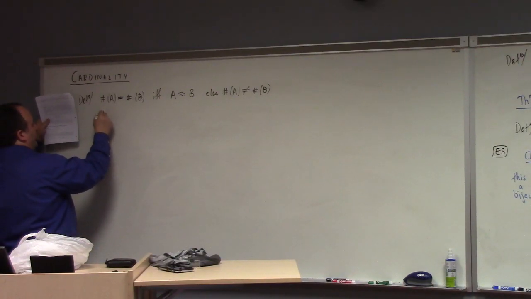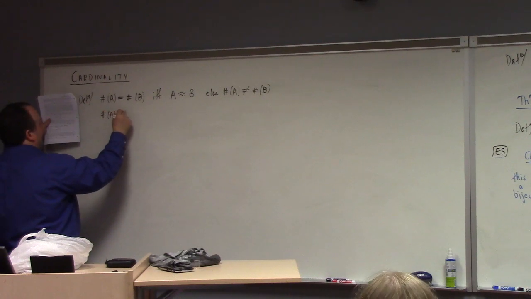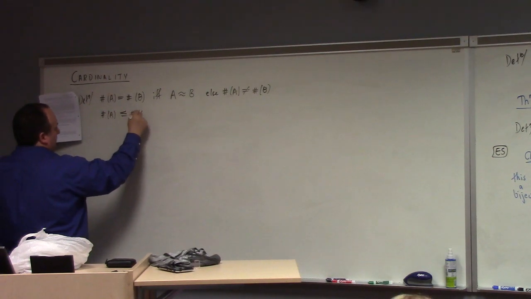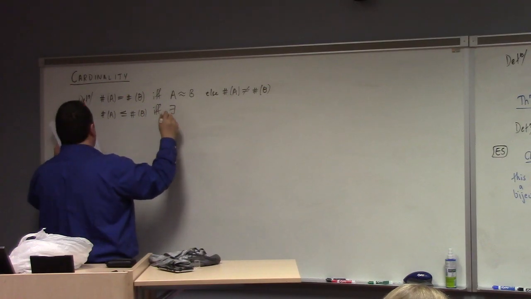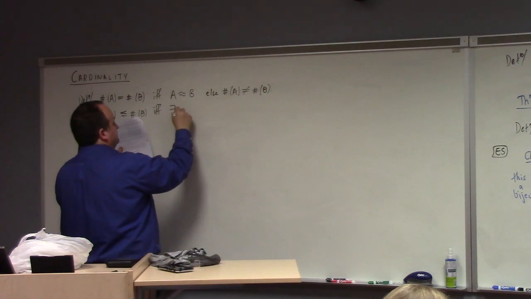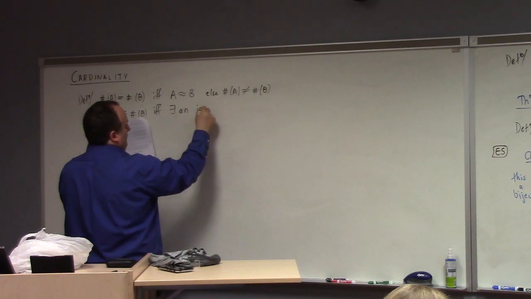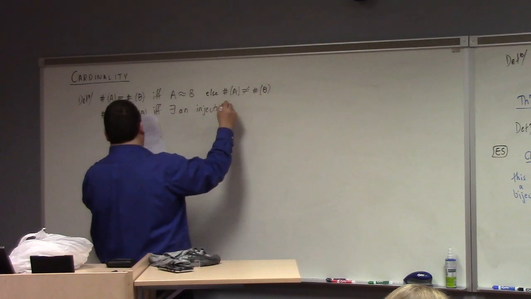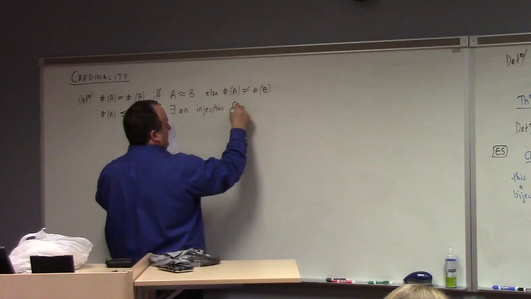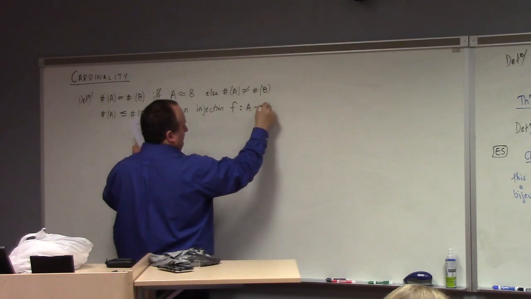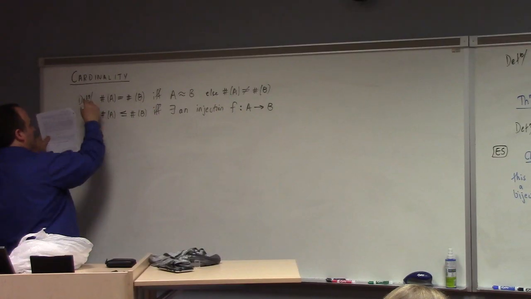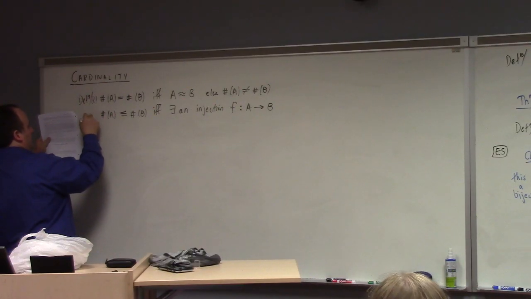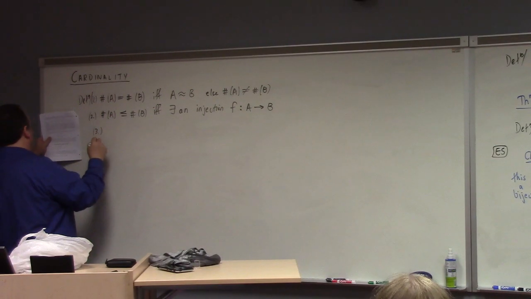The cardinality of A is less than or equal to the cardinality of B if and only if there exists an injection f from A to B. All right? And so that's 1, 2, 3.